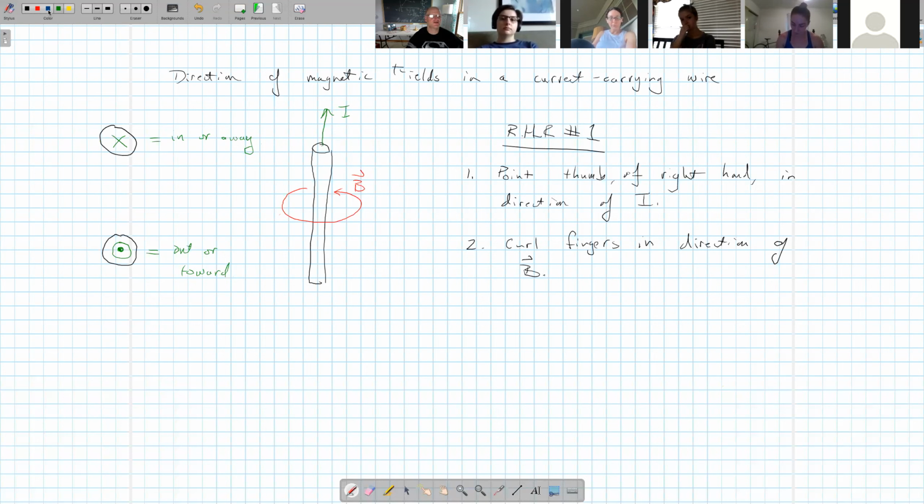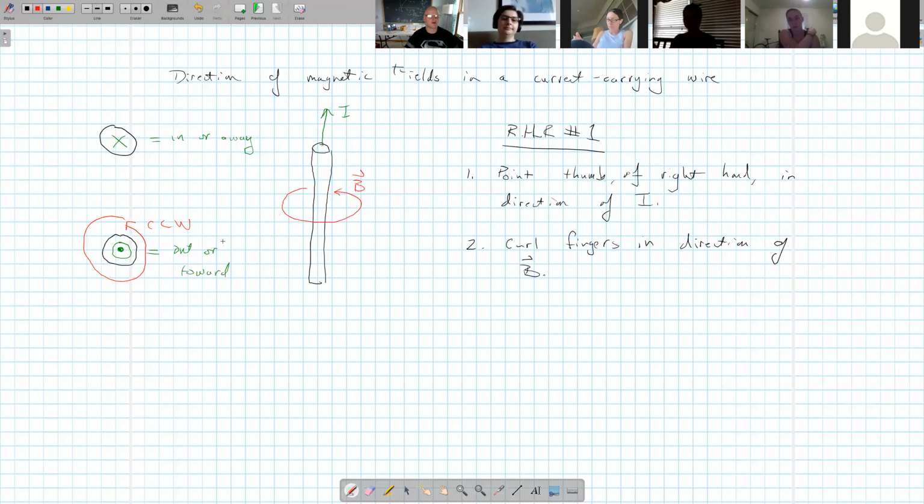So again, if we want to know the direction of the magnetic field, we would grab the wire and put our thumb in the direction of the current. For example, the bottom one down here, let me use my laser pointer. For this one here, I would grab the wire with my thumb pointing towards me, and then my fingers would wrap around in the direction of the magnetic field, which means if I was looking at it, the magnetic field would be going around in the counterclockwise direction.